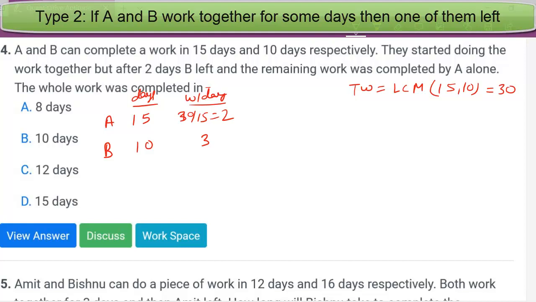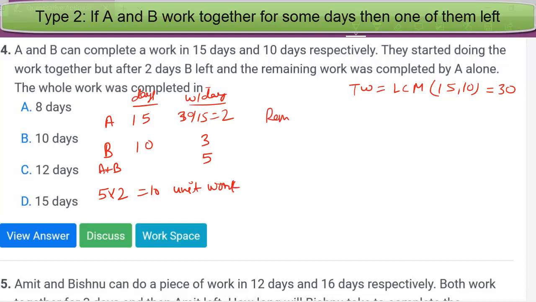They started doing the work together. So that means A plus B, they will do 2 plus 3, that means 5 work per day. So if they have worked for 2 days, that means 5 multiplied by 2, that is 10 units of work. 10 units of work will be done in 2 days.